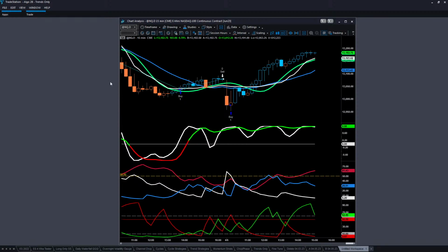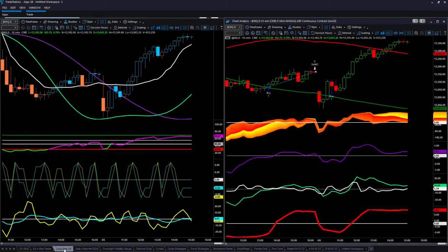I think I've got another signal here. Yeah, I do. I have another signal on this one as well. This is a completely different strategy from the one that I have on the other workspace.